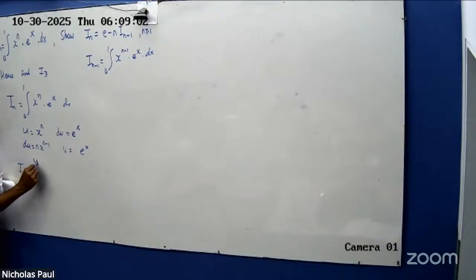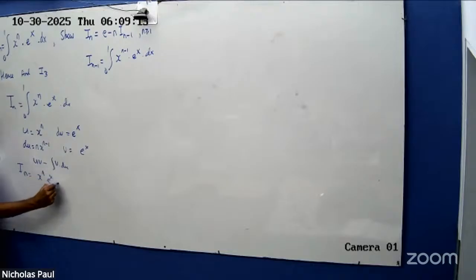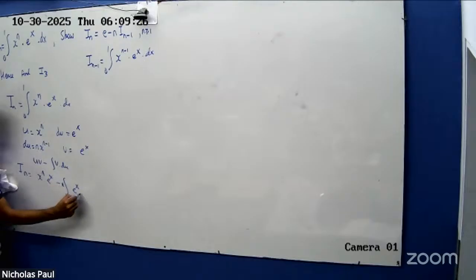The formula is uv minus the integral of v du. So that's x^n e^x minus the integral of e^x times du. Remember, I can pull constants outside. So I pull the n outside and put x^(n-1) here.